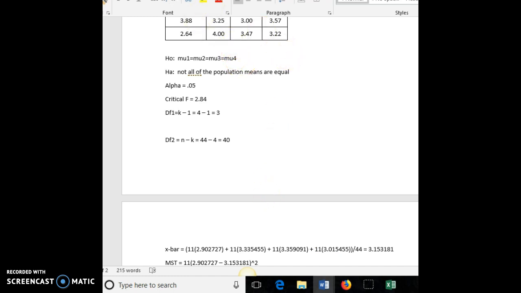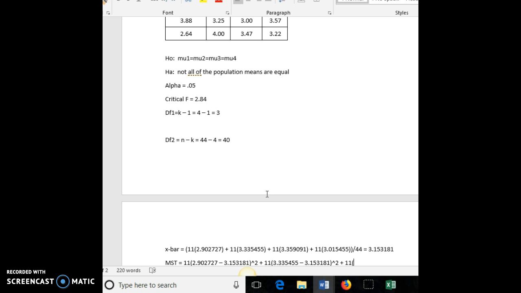And for the sake of time, I'm just going to write it like that. All right, and then let's do the same thing for our second one. We had 11 pieces of data. The mean was 3.335455 minus the mean that we got overall is our answer in that last little computation. Then we square it.